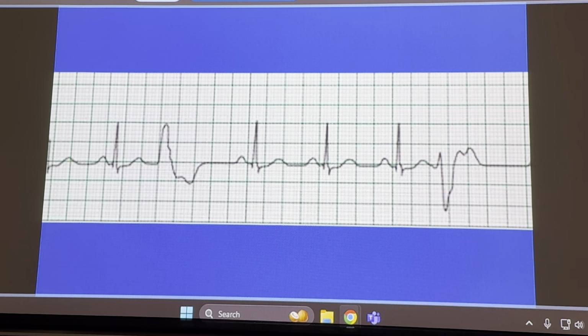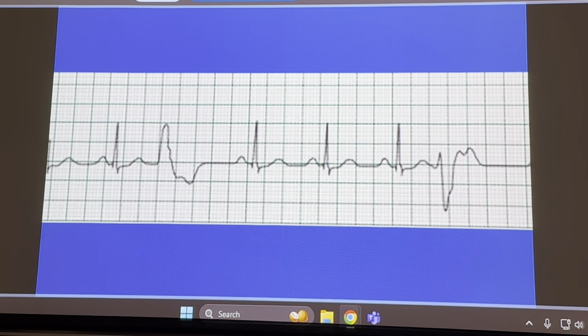Is it regular or irregular? So do we have equal spacing between our QRS complexes? Mostly we do. So from here to here and then here to here, we have it. So it's pretty regular, not so fast. But what are these big ugly looking things right here in the middle?